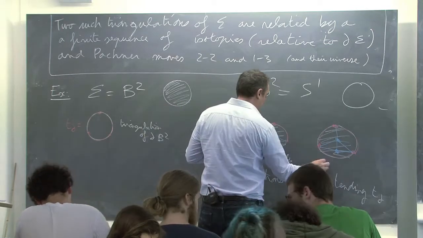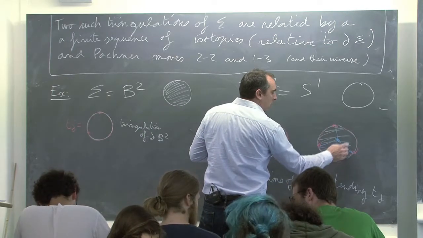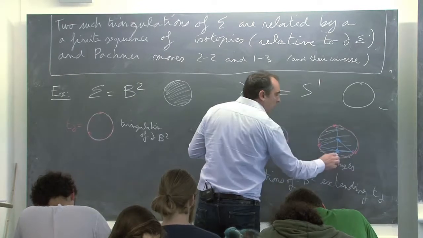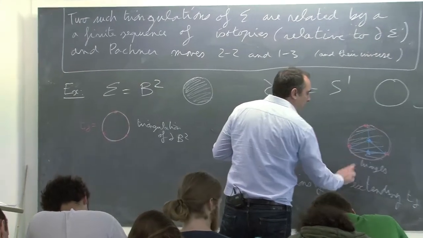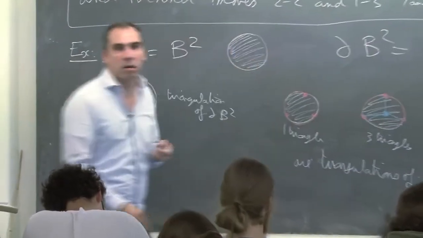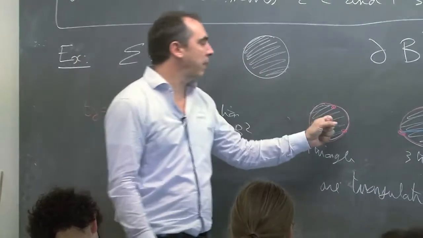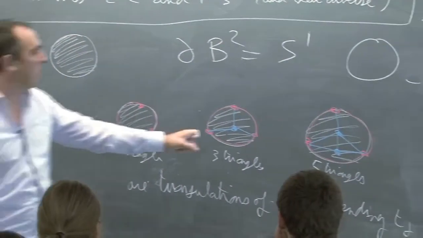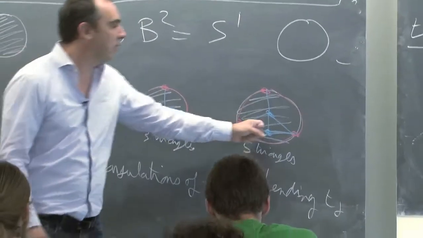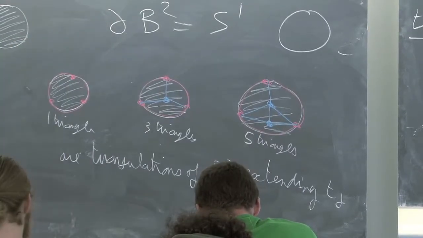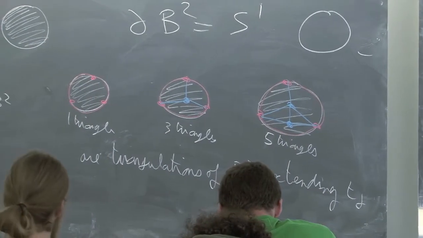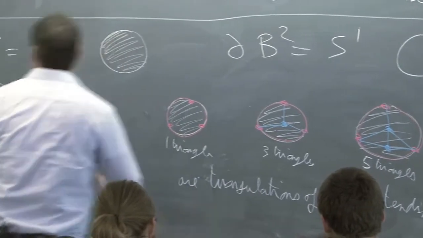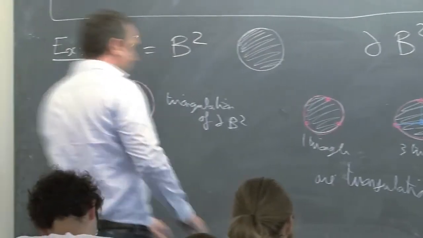And here you have 5 triangles. And you pass from here to here by a Wagner 1-3, and again, you apply Wagner 1-3 for example to this triangle, and you obtain this triangulation. Okay. So this is an example. Let's see another example.